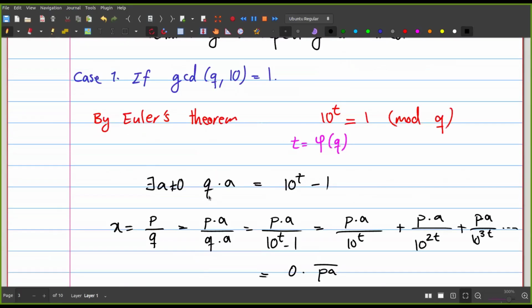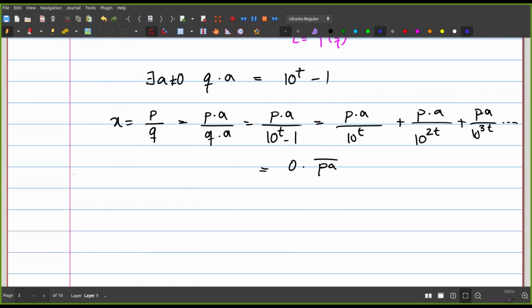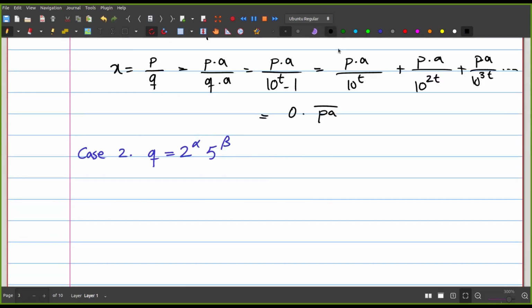Let's say that this denominator Q actually does have 2 and 5 as its prime factors, so its GCD with 10 is not 1. And let's say it only has 2 and 5. So my second case is that Q is of the form 2 to the power of some alpha times 5 to the power of some beta. Now, what can I do in this case?